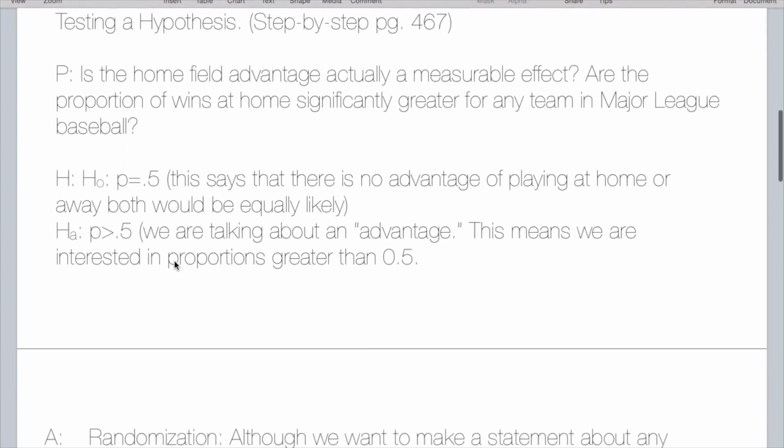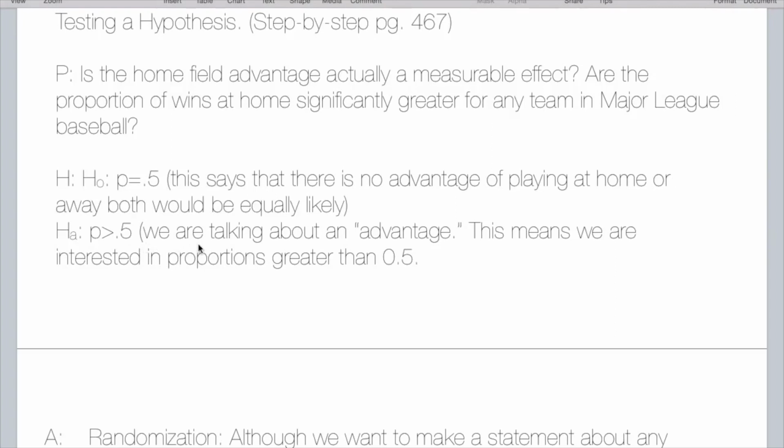Testing hypothesis, part 2, would be your hypotheses, the null and the alternative. Well, remember we said if they're equally likely to win at home or away, then we would assume that the proportion would be about 0.5, meaning there's no home field advantage. You're going to win more at home, or you would be about the same. And here is something we have to write as an alternative.